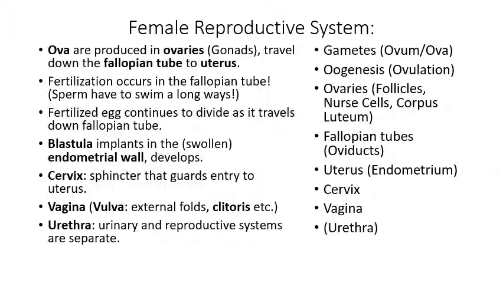Okay, so what happens is that the ova, ovum is singular, ova is plural, are produced in the ovaries, the female gonads. They travel down. Women have two ovaries, one on each side, and one uterus. The uterus, of course, is what becomes the womb when a woman is pregnant, the womb, W-O-M-B.